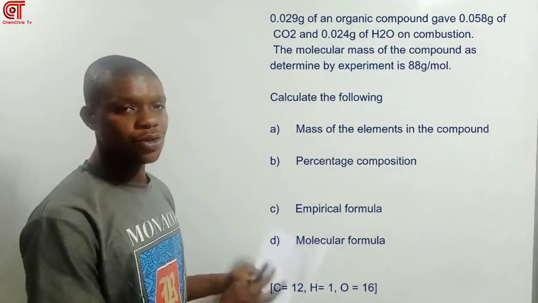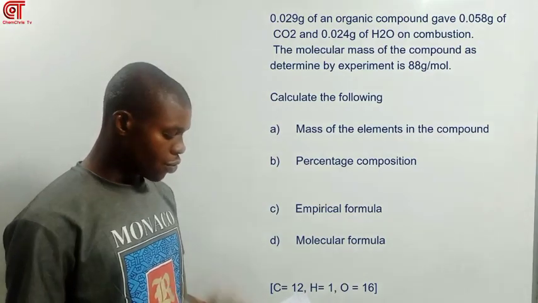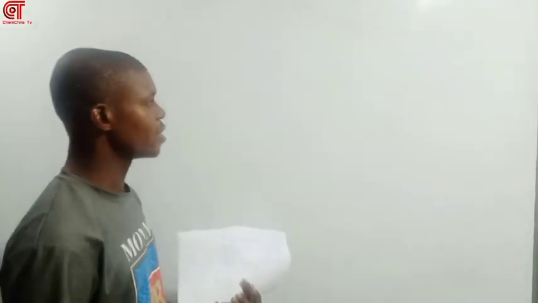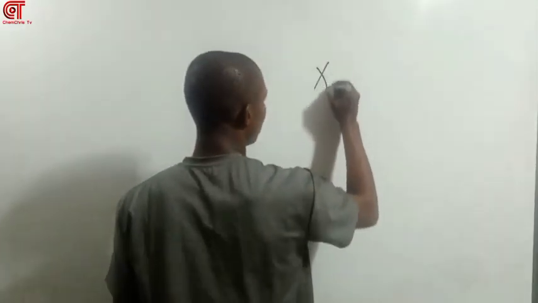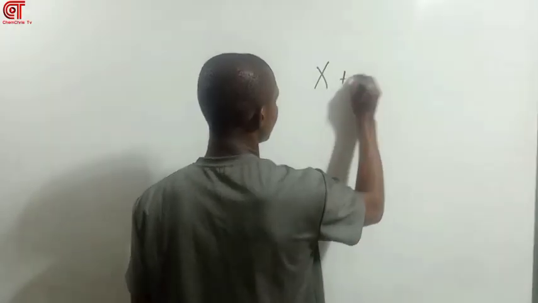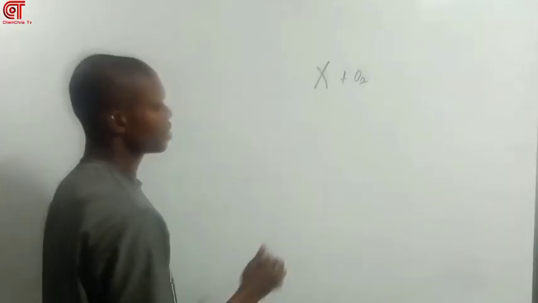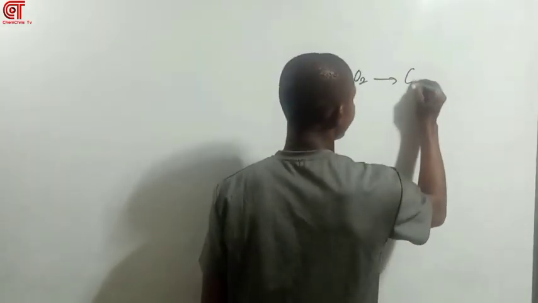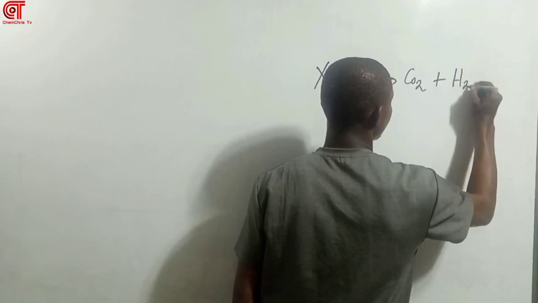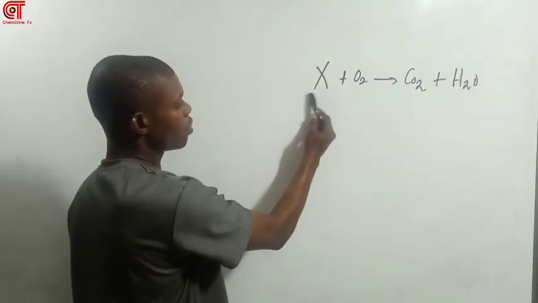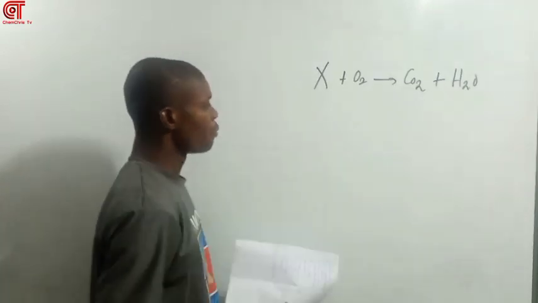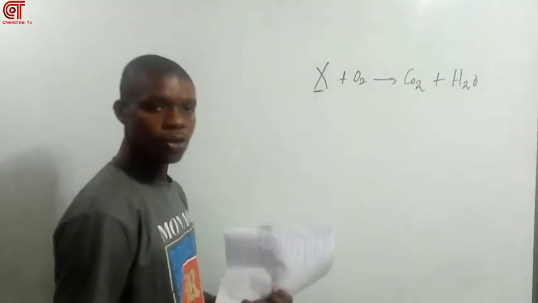You can see how tough this question looks. So I want to use this question to learn so many calculations. Now, before we start solving it, whenever an organic compound undergoes combustion, on combustion we have oxygen to produce CO2 plus H2O.